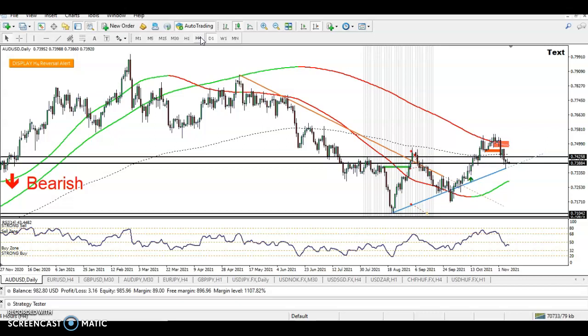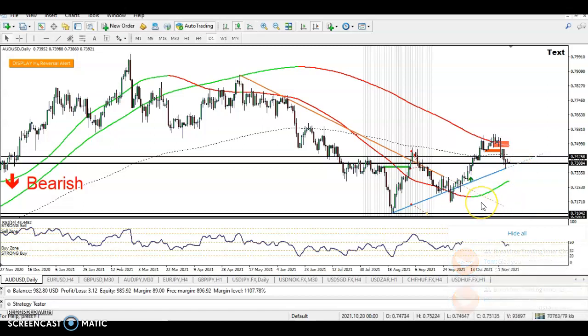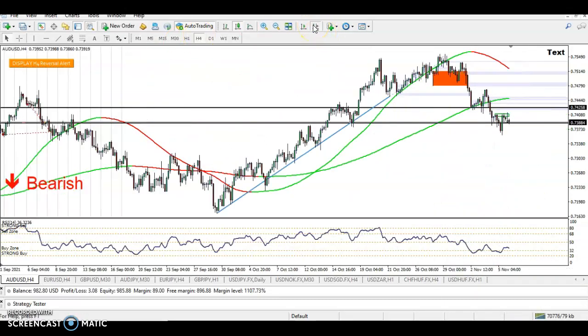So currently we are bearish, and we can look for a retest and a drop to the previous low, or above the previous low around 72.53. Okay, going down to the 4 hours. The call was here. Here's the high at 70.75.